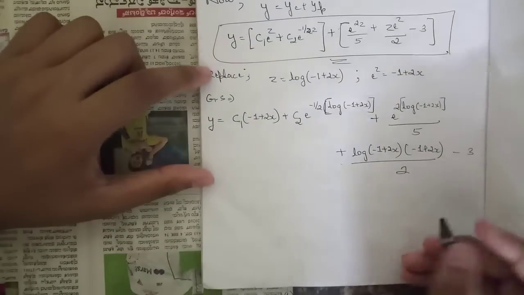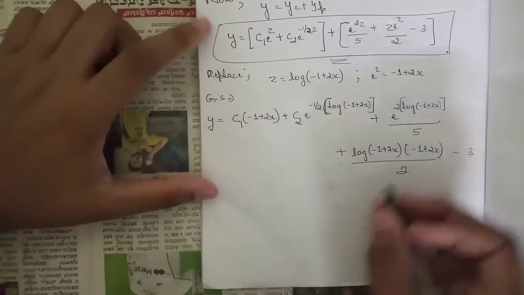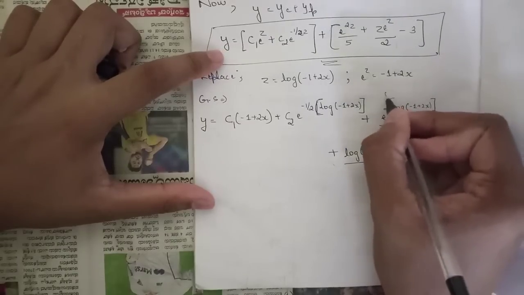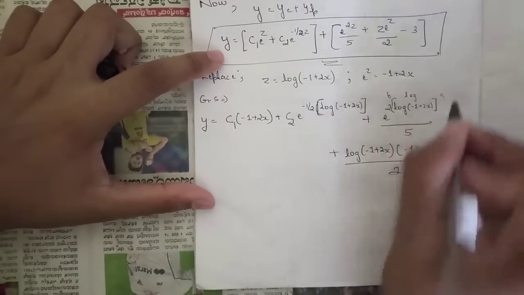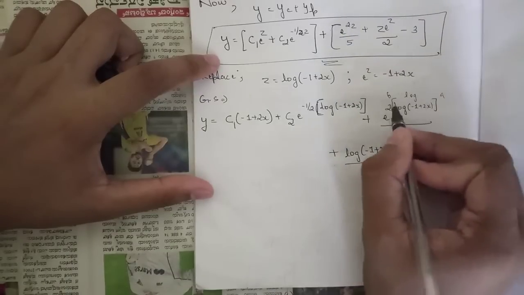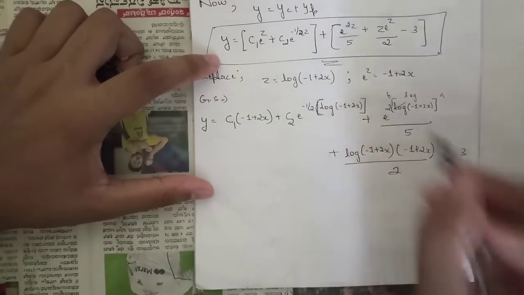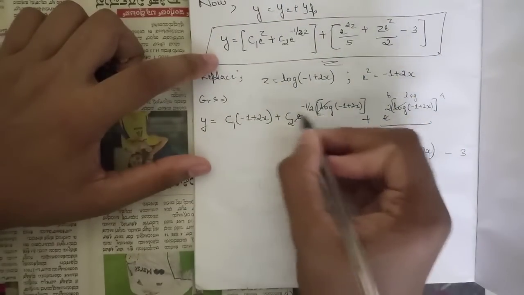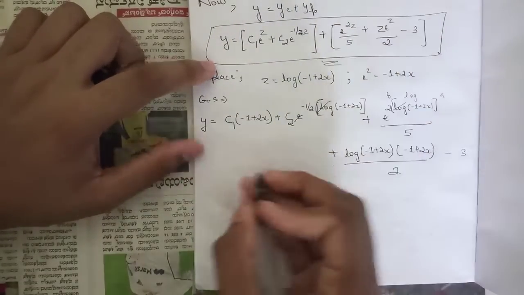Okay, so now we can cancel a few terms here. Here we cannot cancel, but we can use the formula b log a. So this would be log of minus 1 plus 2x the whole square, so we can cancel e and log here. So here also we can cancel e and log, and this power should be the power of this term.